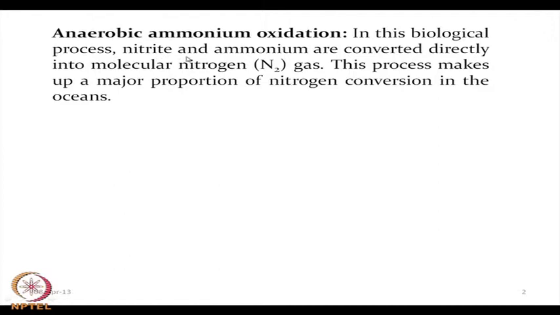So, nitrite as well as ammonium ion are converted directly to molecular nitrogen. That means nitrogen gas can be produced through the reaction of nitrite and ammonium ion. The nitrogen in the nitrite ion is getting reduced and the nitrogen in the ammonium ion is getting oxidized. That is why we call it the reaction responsible for the oxidation of ammonia or ammonium ion.